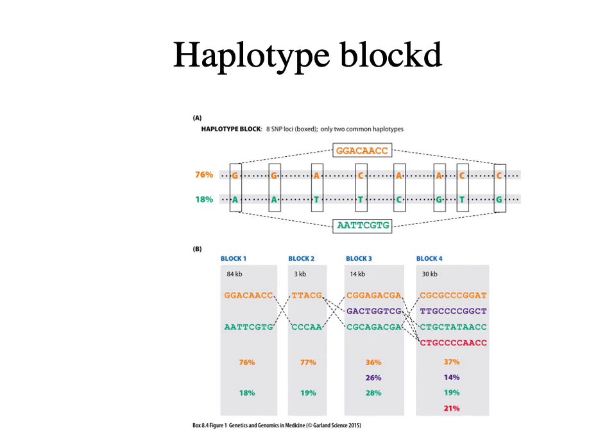Yet, within this block, almost every chromosome 5 that is tested has one of only 2 of the 256 possible haplotypes, either the orange one shown in figure 1a, which we can abbreviate by listing the nucleotides at the 8 consecutive SNP loci, or green, as the other haplotype.